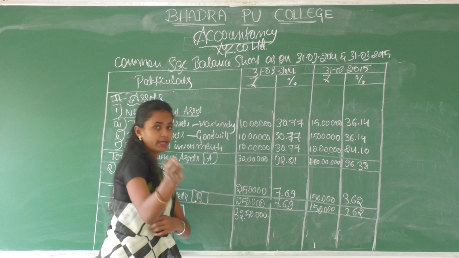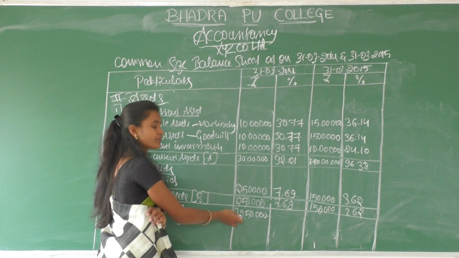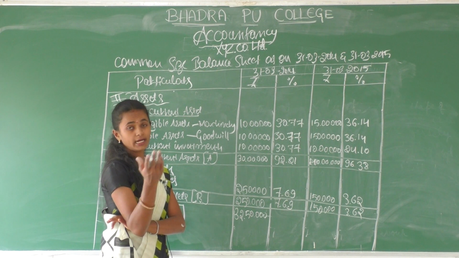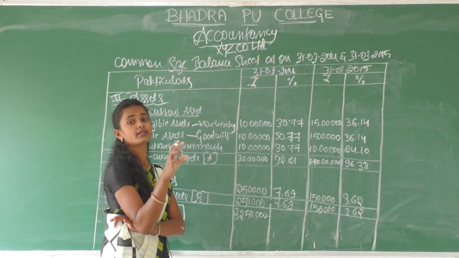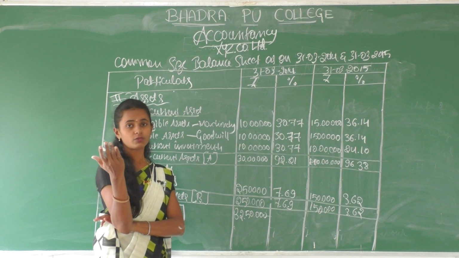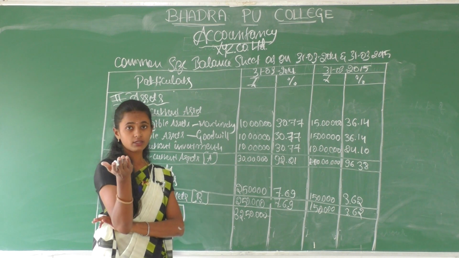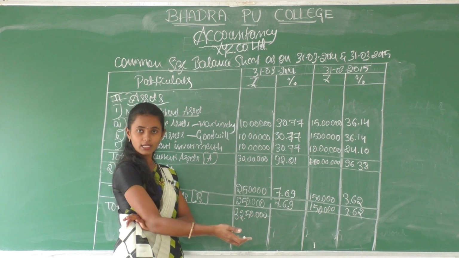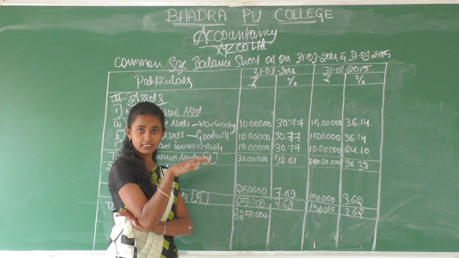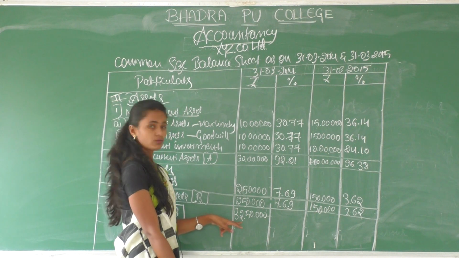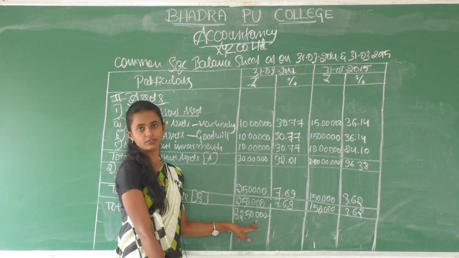Again go back to your question and check the amount. You will get the same money, 32,50,000, and it must be equal to total equity and liabilities. In the solution we got the same amount, 32,50,000, and here also we just got 32,50,000.